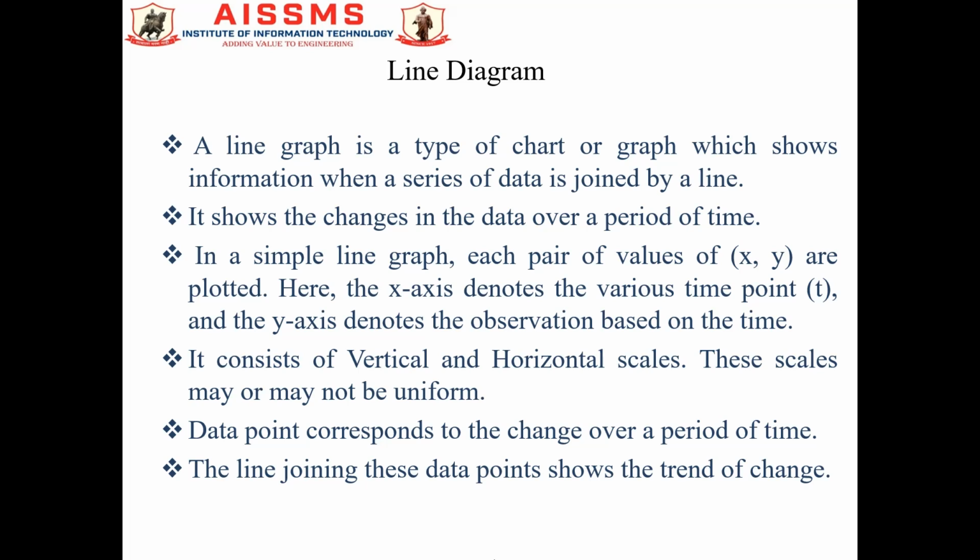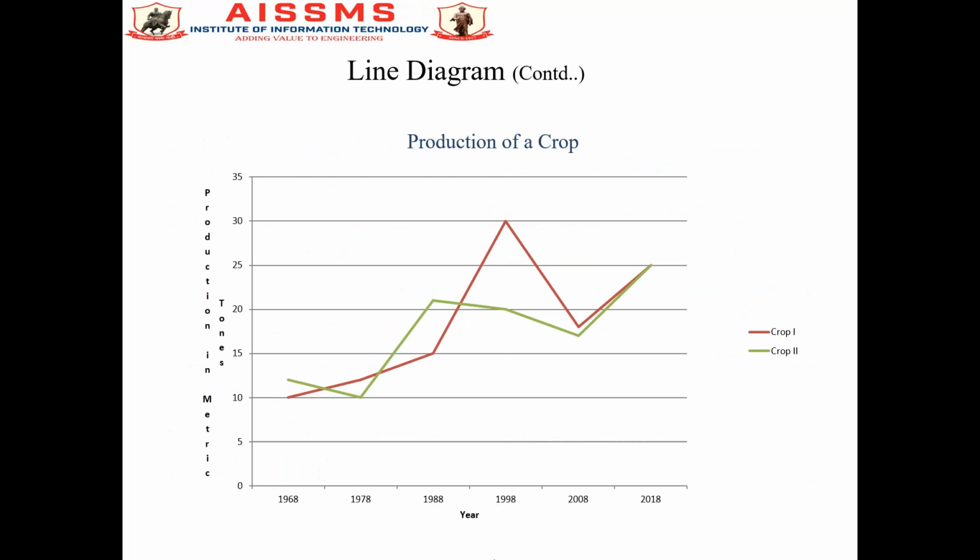It consists of vertical and horizontal scales, and these scales may or may not be uniform. Data point corresponds to the change over a period of time, and the line joining these data points shows the trend of change. Now here we can observe the line diagram where we can see the production of crop in various years, like in 1968, 1978 up to 2018.